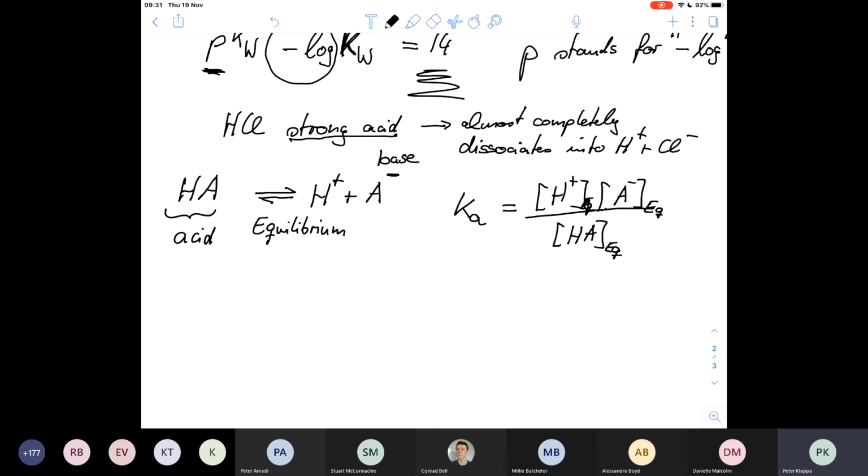But at the moment, this is at the equilibrium. And Ka is the dissociation constant of the acid. Okay?